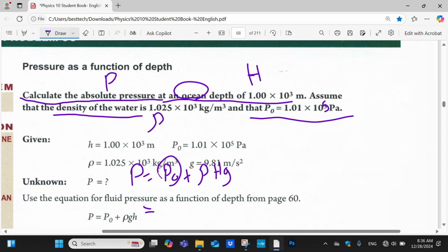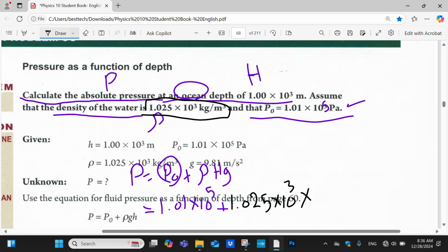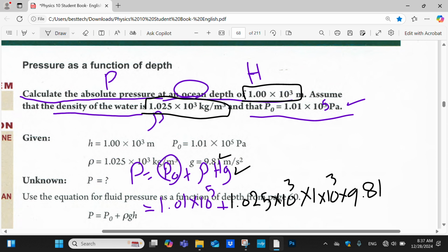We know the atmospheric pressure, written here, 1.01 times 10 power 5 Pascal, plus the density of the ocean, 1.025 times 10 power 3, times h, the depth, which is 1 times 10 power 3, times g, the acceleration, 9.81. Just applying the rule, and that's all.